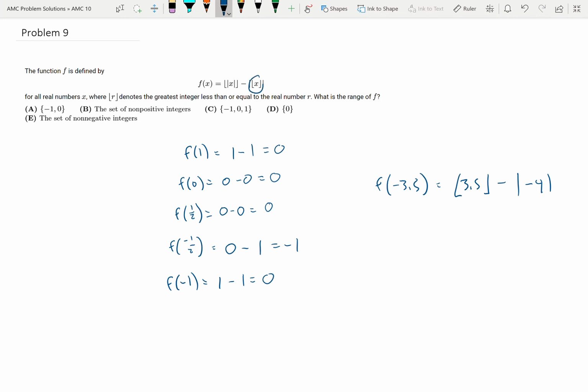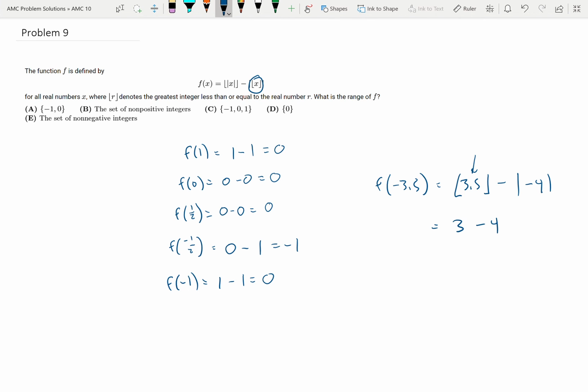What happens here is that the greatest integer less than or equal to a negative number is going to give you a negative number that has a larger absolute value. Whereas with this, that's going to take 3.5 down to 3. So similarly, we get 3 minus 4.